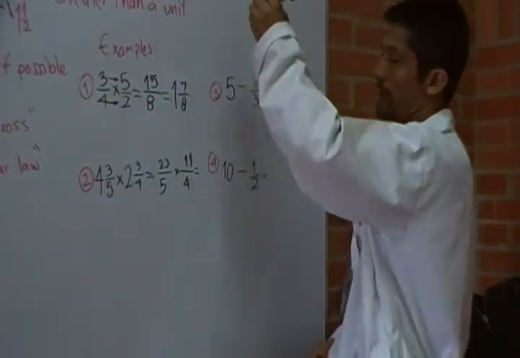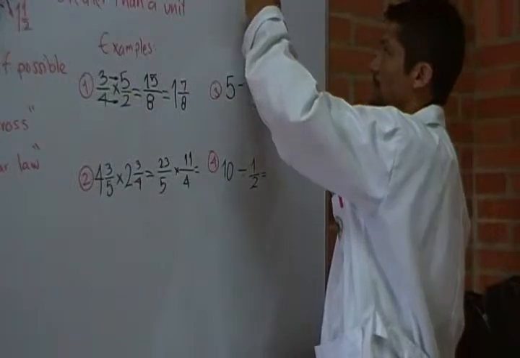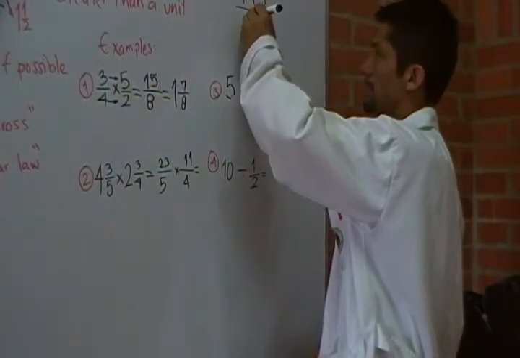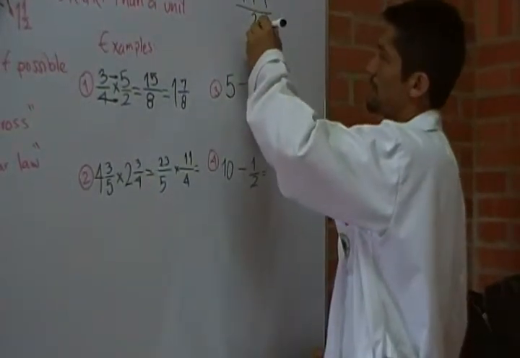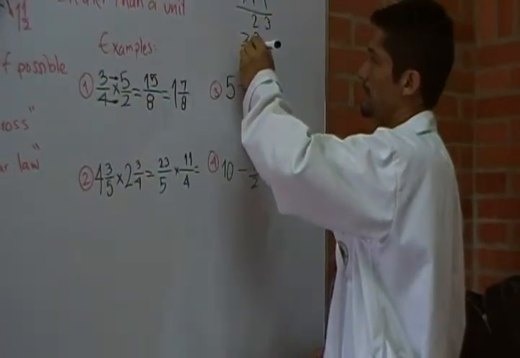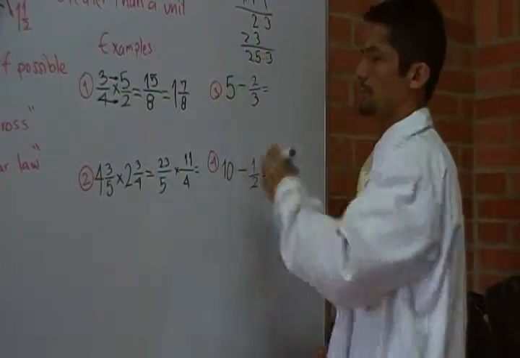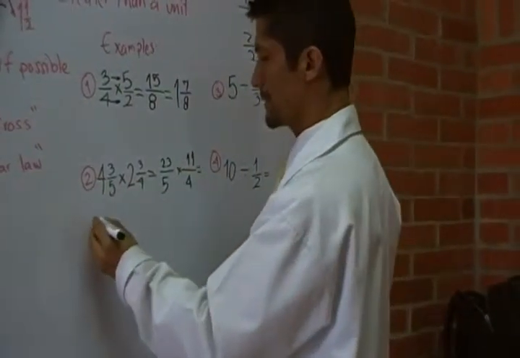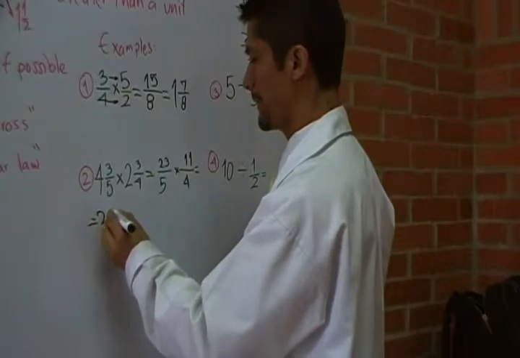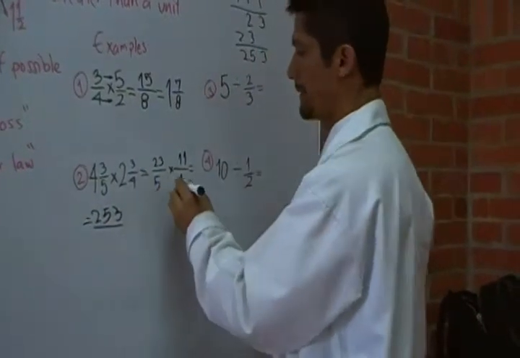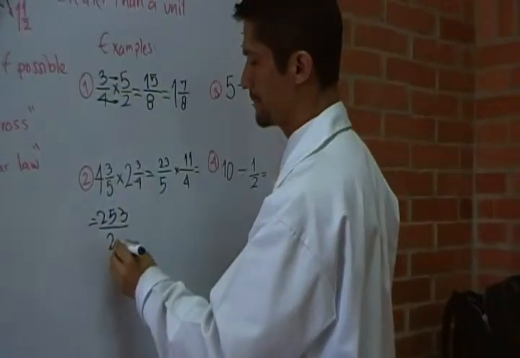In my working area, I can do something like this. 23 times 11: 1 times 3 is 3, 1 times 2 is 2, and so this result would be 253, divided by 5 times 4, 20.